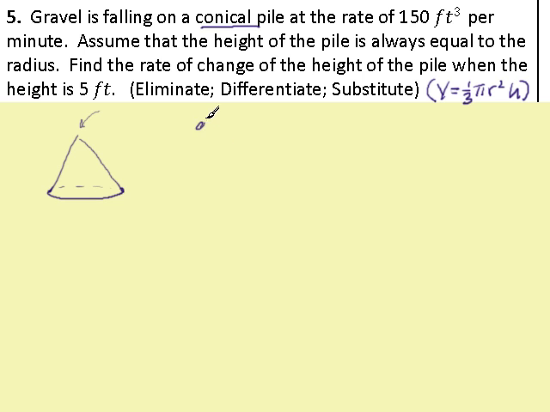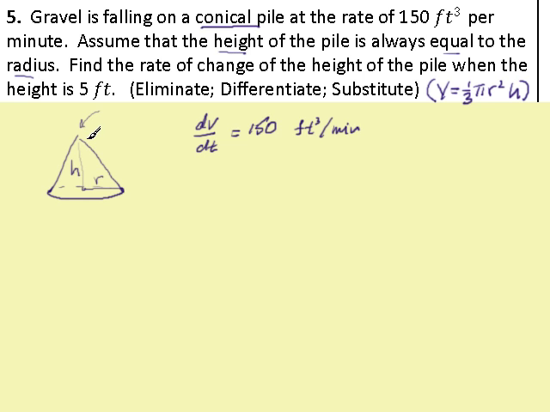So we're told that dV/dt is 150. Now let me remind you that's the height, and there's the radius right there. We're told to assume that the height is equal to the radius.